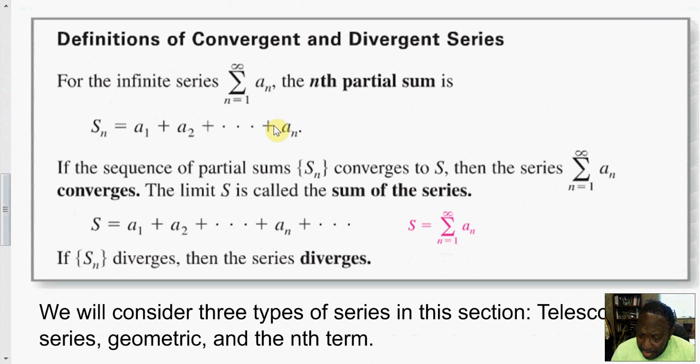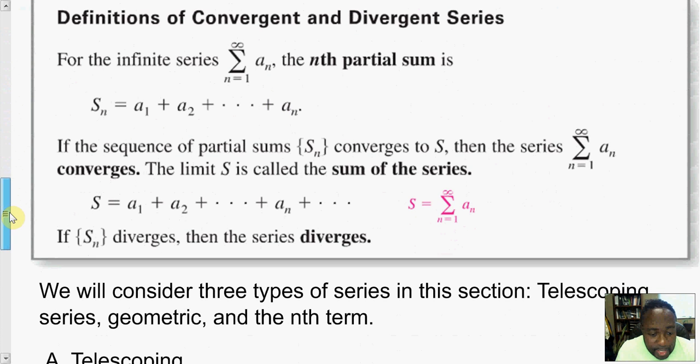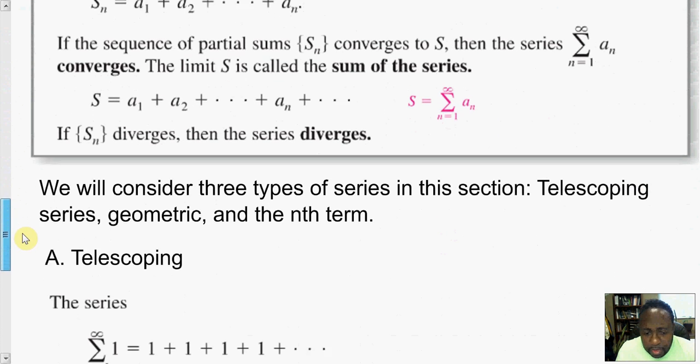S is the limit of the series. Another phrase for that is just the sum of the series. If the sequence of partial sums is divergent, then we say that the series diverges.